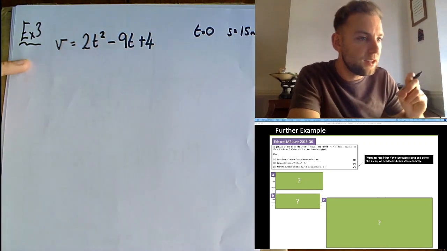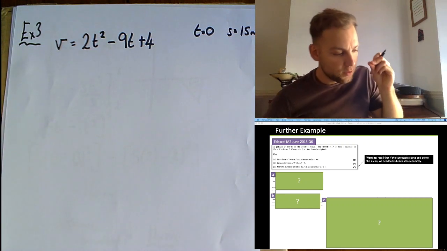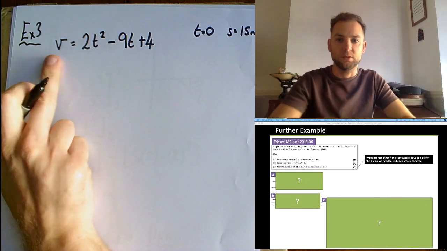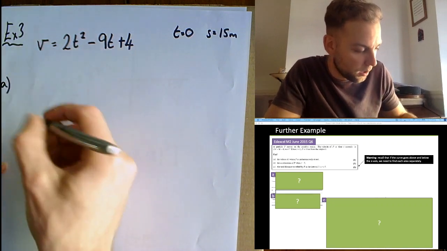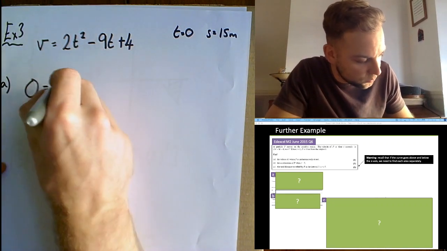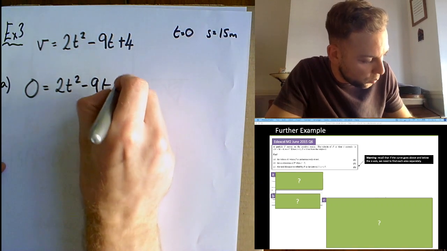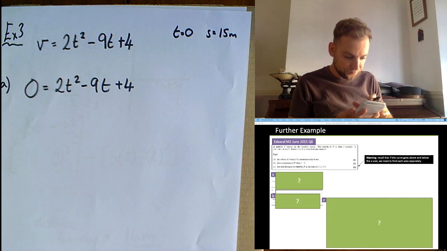Find the values of t when P is instantaneously at rest. Well, if this is at rest, then we are finding out when the velocity is equal to 0. So this is part A: 0 is equal to 2t squared minus 9t plus 4. I'm going to put that straight into the calculator.